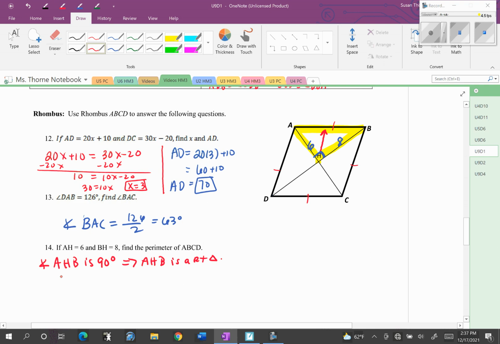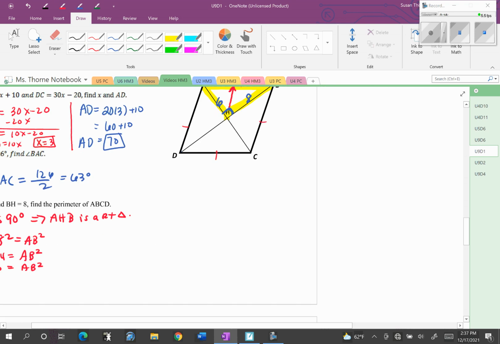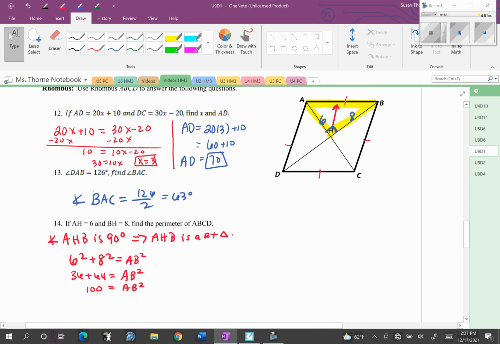So that means by the Pythagorean theorem, 6 squared plus 8 squared equals, I'll call it AB squared. So 36 plus 64 equals AB squared. So 100 equals AB squared. So remember, when we take the square root, we do plus or minus, but we're talking about a length here. So we don't need plus or minus.